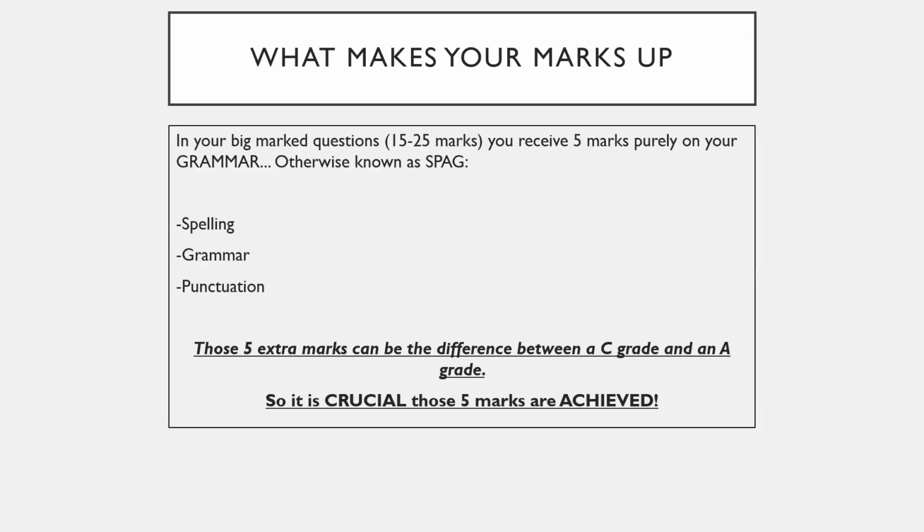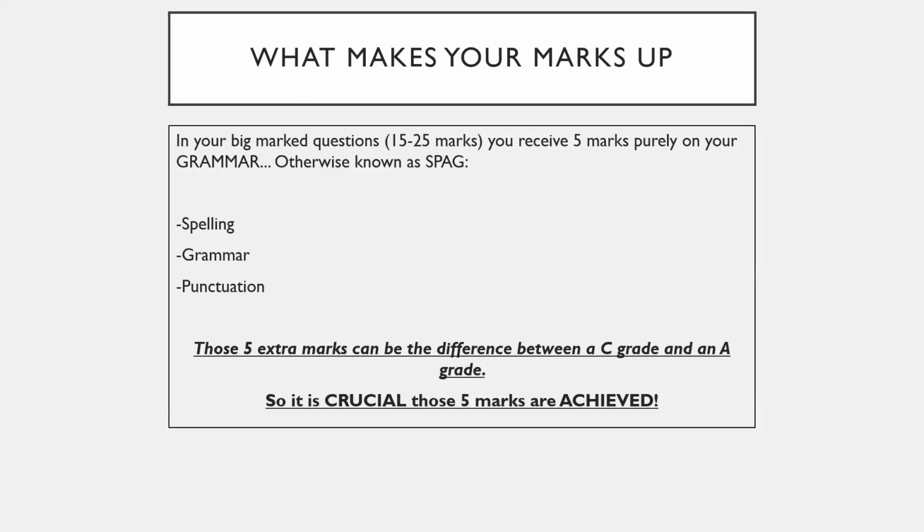So, what makes your marks go up? In the questions that are worth more marks, so for example, if they're worth 15 to 25 marks, 5 marks are purely based on your grammar. This is also known as SPAG. SPAG stands for spelling, grammar, and punctuation.